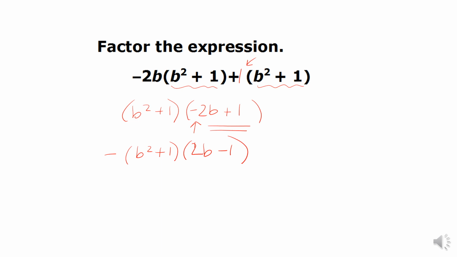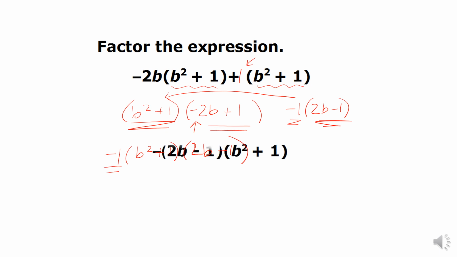So notice it's negative 1 times 2b minus 1, and then we're multiplying it by this one, but the 1 can go up in front, okay? You want to keep the 1 up in front. You don't want to put it in between. That would be confusing. So you put it up in front because these are 3 terms, and they're being multiplied together. So commutative property. You can put the negative 1 in front. And there you go.